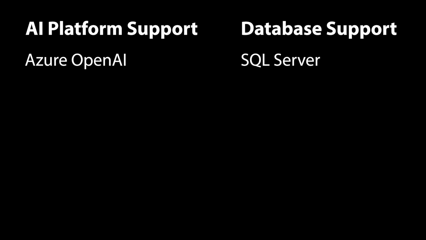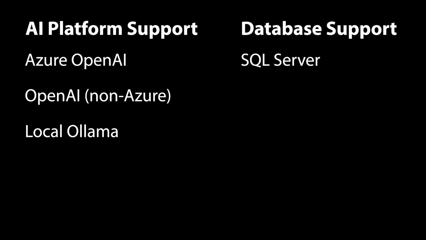So now in version 4.0, we also have support for regular OpenAI, meaning OpenAI outside of Azure directly from the OpenAI company, as well as support for local Ollama models. On the database side, we also now have support for MySQL and Postgres, again without any custom dev. I've also redesigned the app with a connector structure that makes it easier to add additional types of SQL databases by implementing an interface. More on that later.